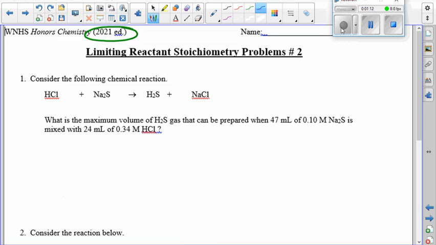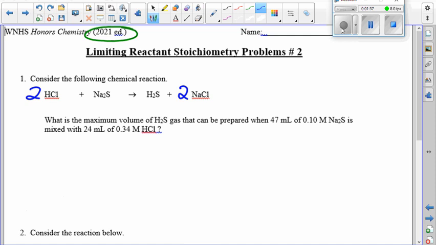So again, if you're at home watching, I'd go ahead and hit the pause button real quickly, balance, fix your milliliters, and then unpause before we get started. Now, if I'm balancing this, I see I need more sodium on the right, so I put the 2 here. That gives me 2 chlorines on the right, so now I need 2 chlorines on the left. So I fix my chlorines with that 2 there.